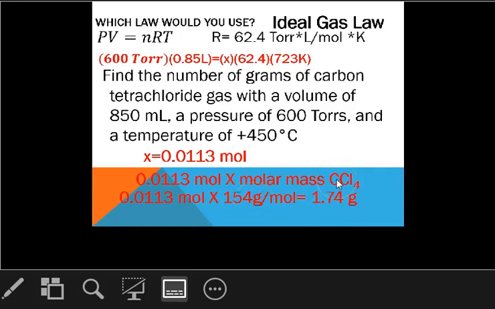So a carbon is 12, and chlorine, remember, is 35.5 each, and you have 4 of them. So if you take the number of moles that you have and you times it by 154 grams per mole, you're going to get 1.74 grams of carbon tetrachloride.